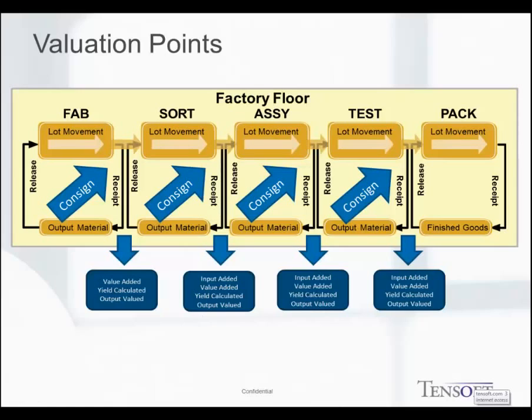And so we have input material, value added, yield calculated, output value. And that process, in terms of our repeatable production steps, our repeatable production control, is also the repeatable process that can help us with inventory evaluation and inventory costing.